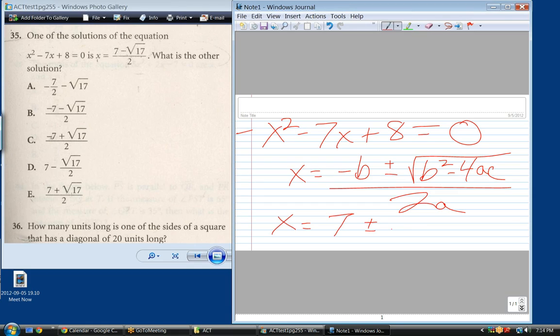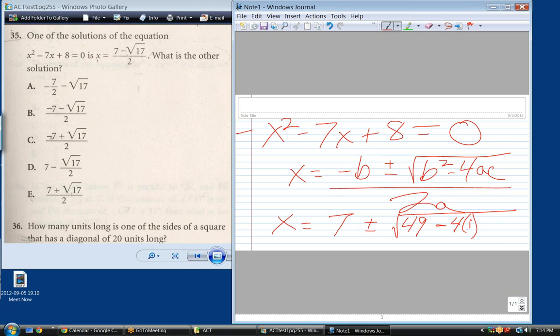Plus or minus, what's b squared? Minus 7 squared is 49. Minus 4 times a. A is what? Sorry, A is the coefficient of the squared term, so it's 1.